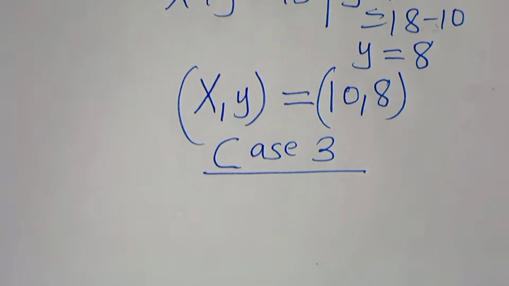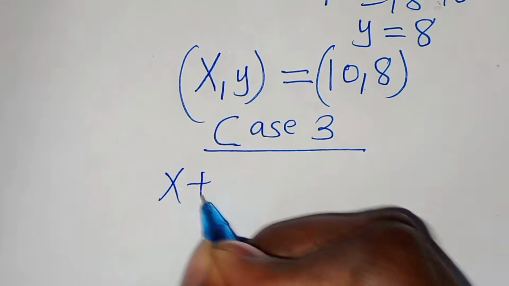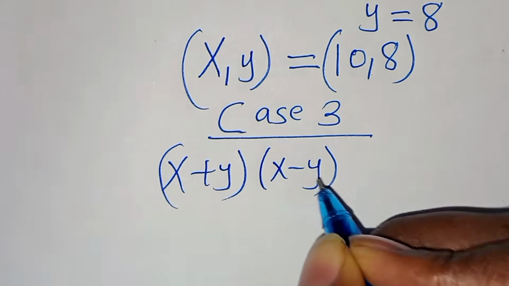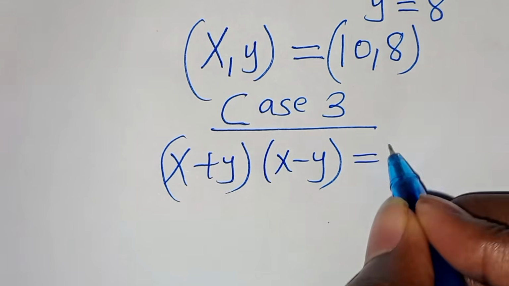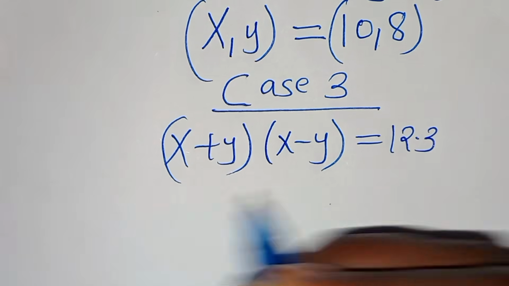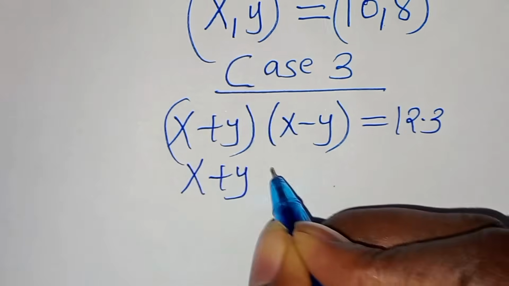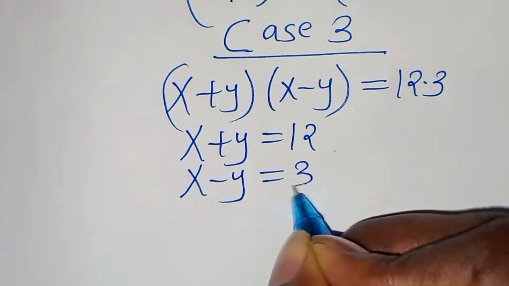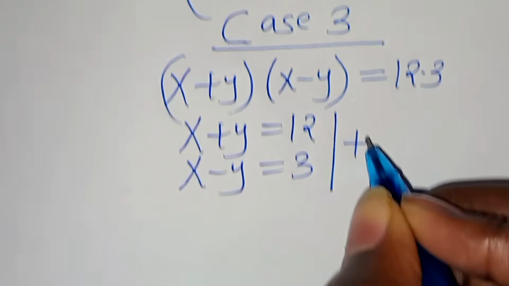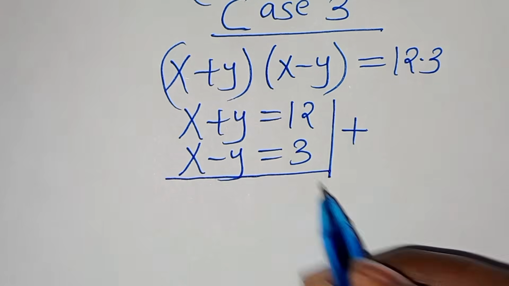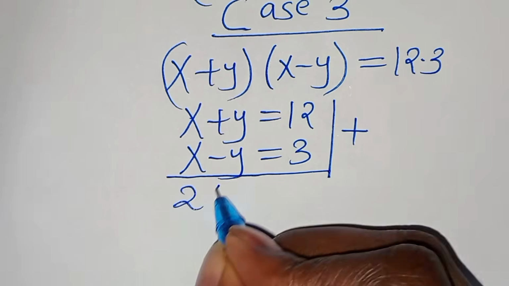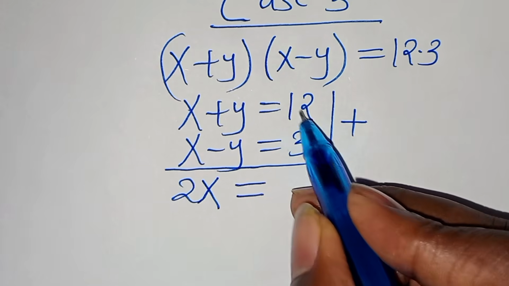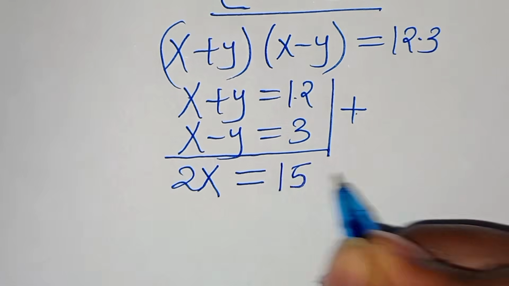In case 3, we have x plus y times x minus y is equal to 12 times 3. This implies that x plus y is equal to 12, and x minus y is equal to 3. So let's sum these two linear equations. X plus x is 2x, y plus minus y simplifies, and then we have 12 plus 3, this is equal to 15.